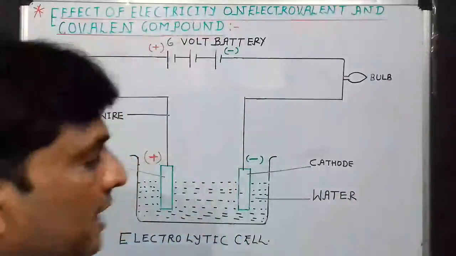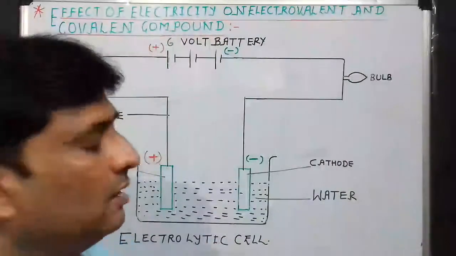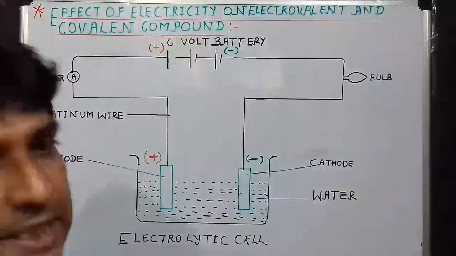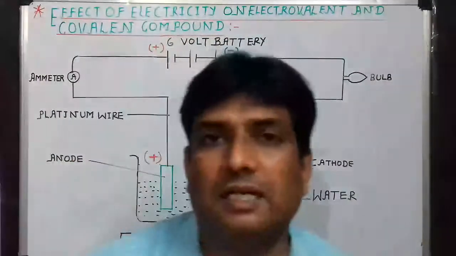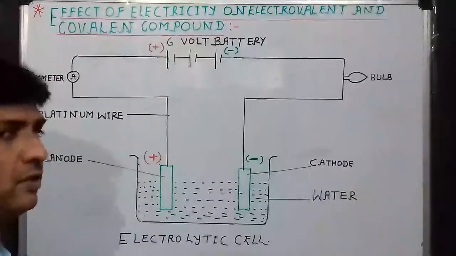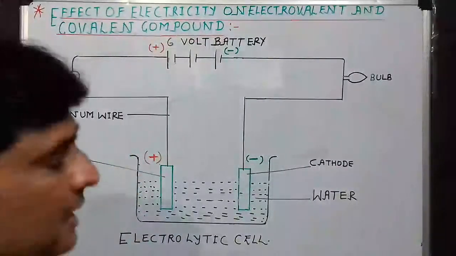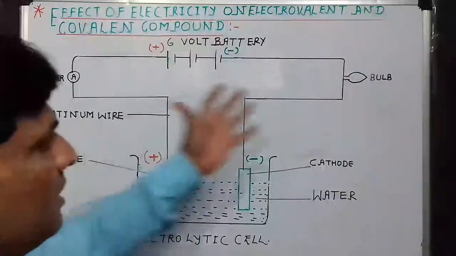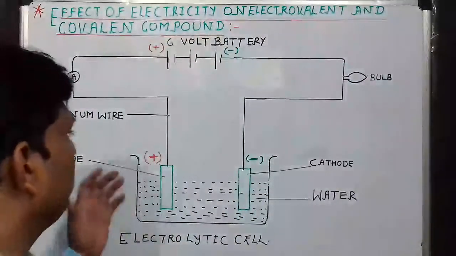The second time, after demonstrating this practical, we take covalent compounds such as water, sugar solution, alcohol, benzene, chloroform, and so on, in liquid form, and again we arrange the apparatus as shown in the figure: 6-volt battery, ammeter, bulb, platinum wire, and beaker.